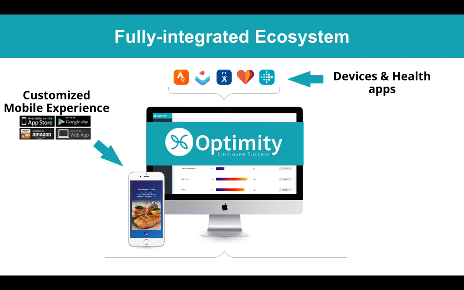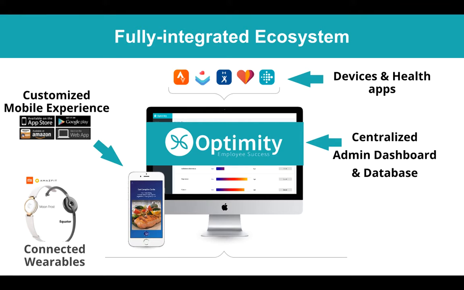It can connect to 250 different apps and wearables, and we can also provide these wearables. The centralized dashboard allows you to see real-time data and easily implement your holistic wellness practices. And finally, we have advanced analytics that help you retarget content to address the highest health cost issues.